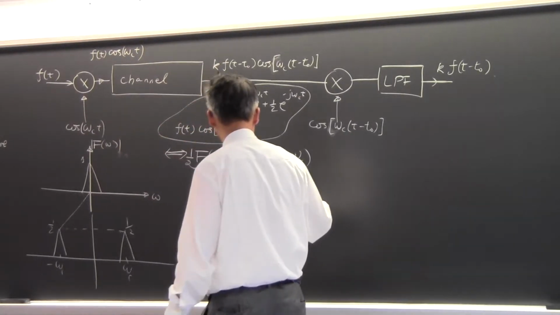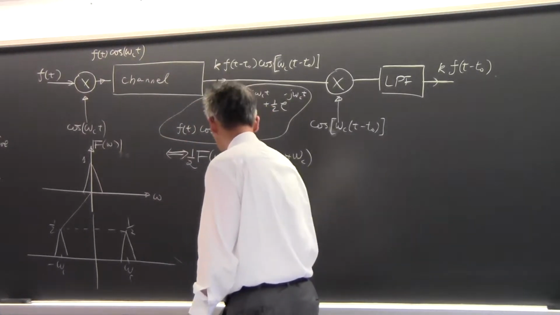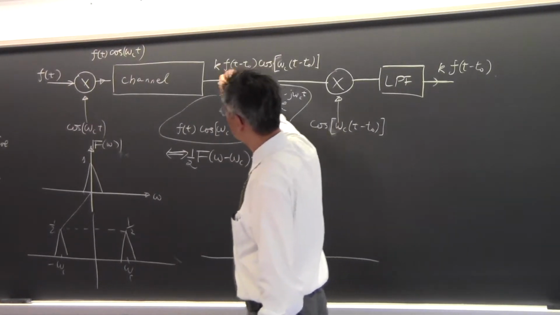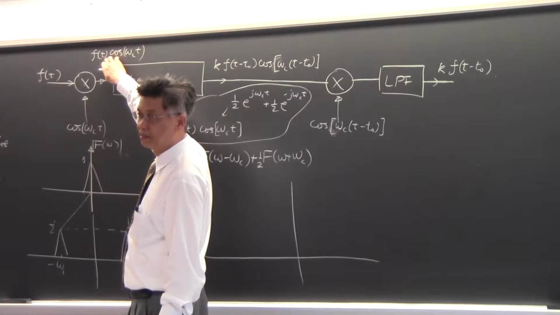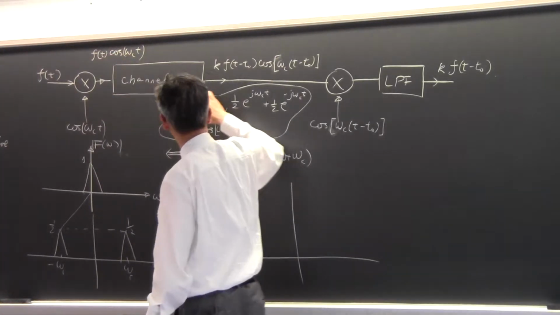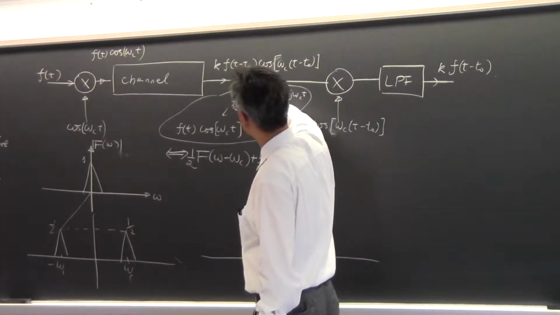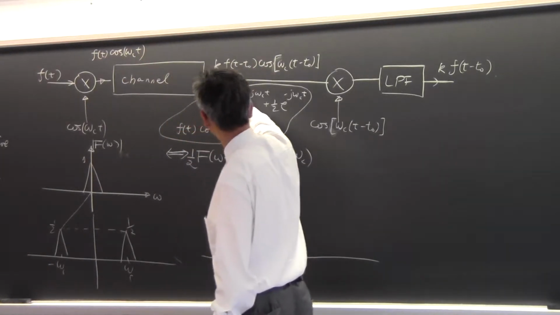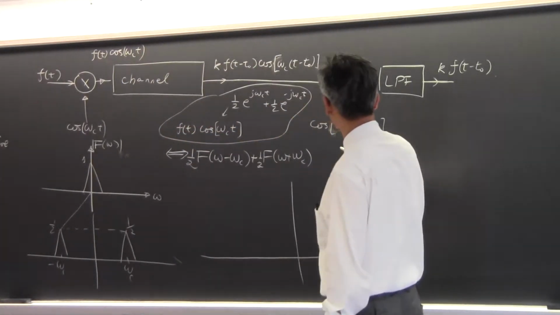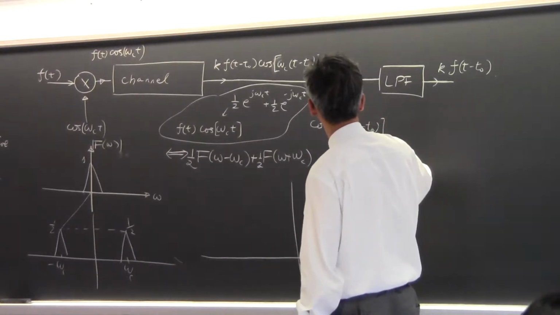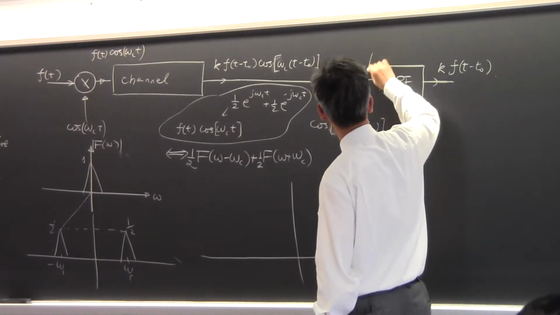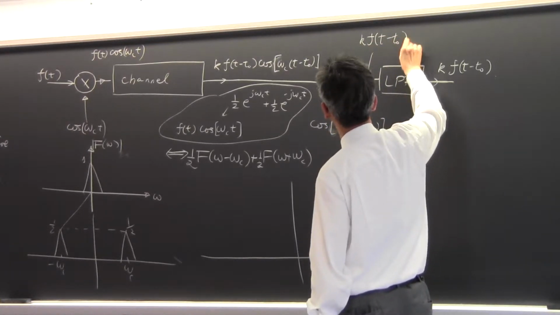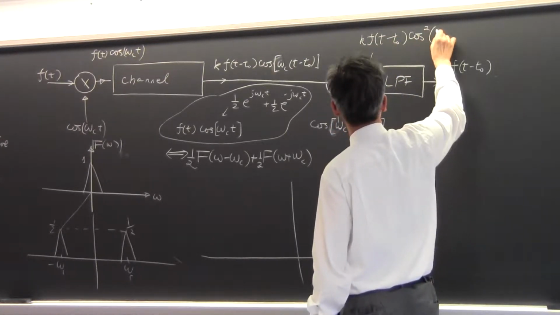The phase is here. So when it comes out here, it's pretty much the same as it was there. The frequency plot is almost the same, except for a phase and an amplitude change. But when it comes out over here, we multiply by cosine omega c, and we get this thing over here.